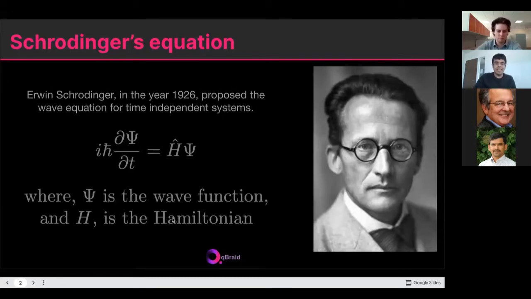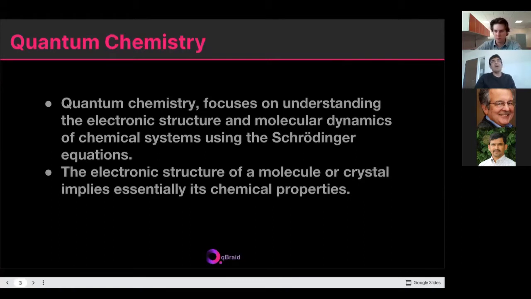Okay, and once you have Schrodinger's equation, which tells you how quantum mechanical objects behave, then you can start asking, okay, how does it affect chemistry? What can you do with it?